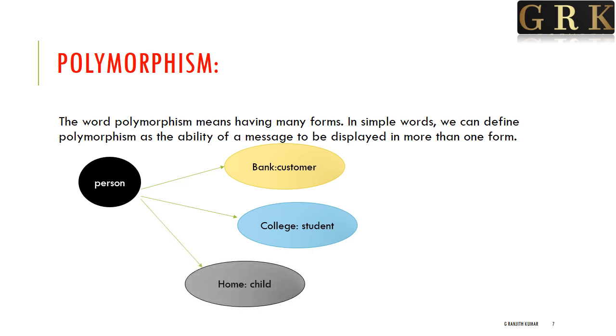When the same person goes home, he is called a child of his parents and his behavior is different with the family members. The same person at three different places shows three different types of behaviors, so the same person has different forms. That's why we call it polymorphism. This is one real-time example.